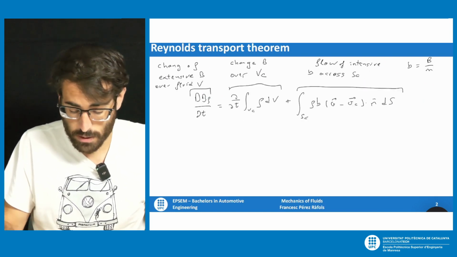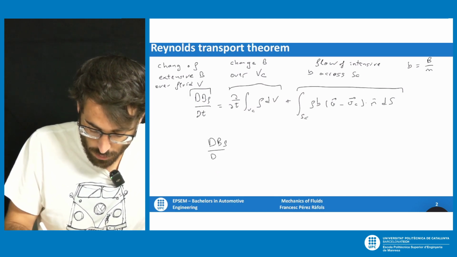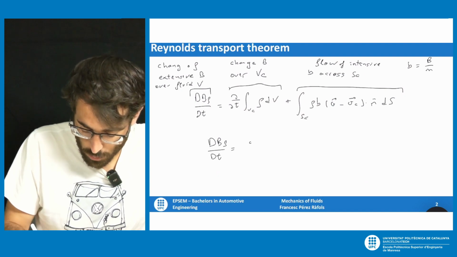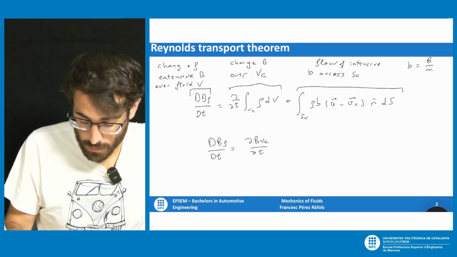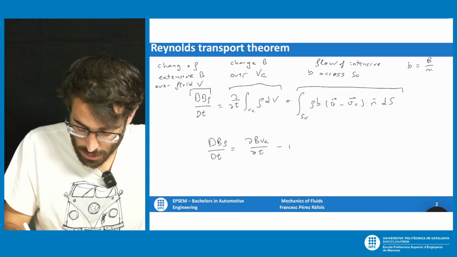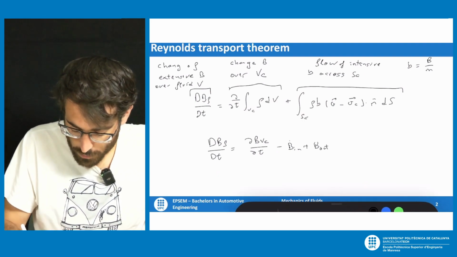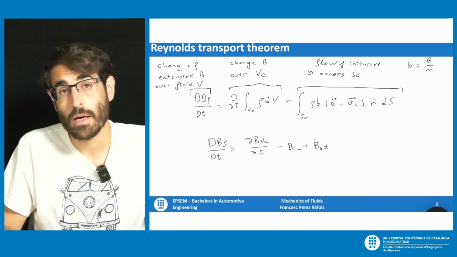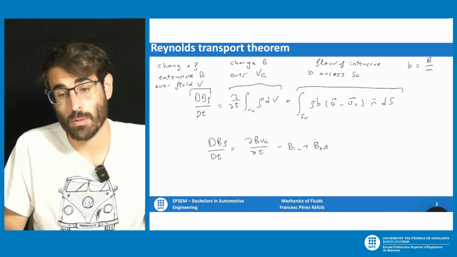So if we go back and write the simplified version, we'll have that dBf over dt is equal to the change of this extensive property within the control volume over time, and then minus B in plus B out. And that's again, B in is the amount of fluid flowing, so coming in the inlet, and then B out is the one in the outlet.